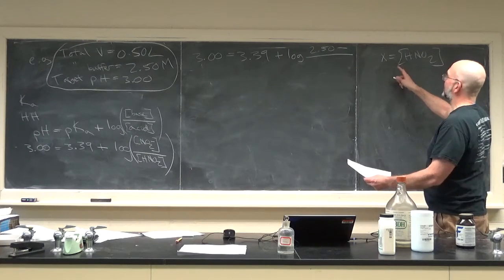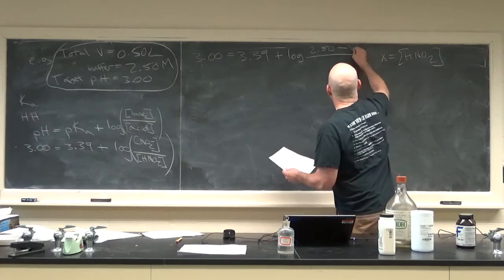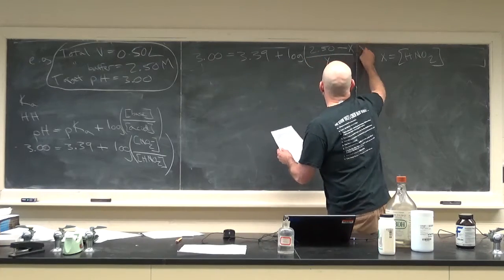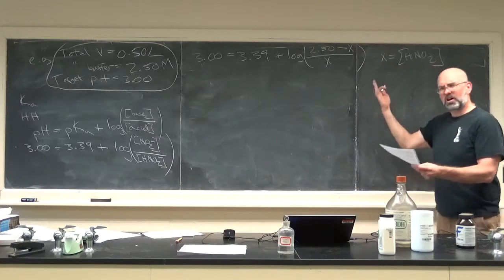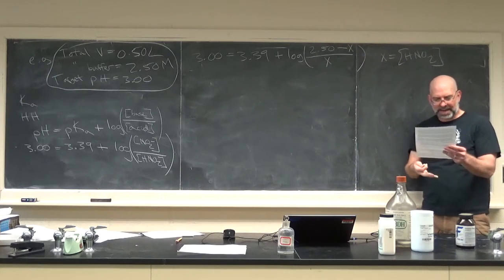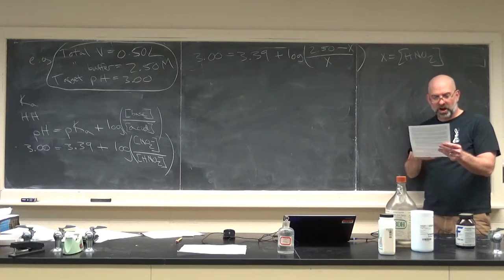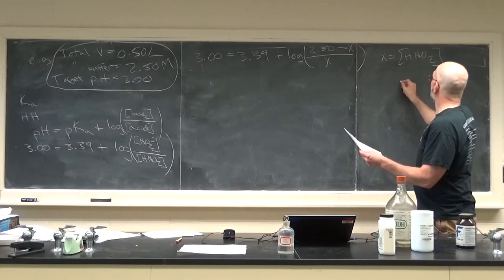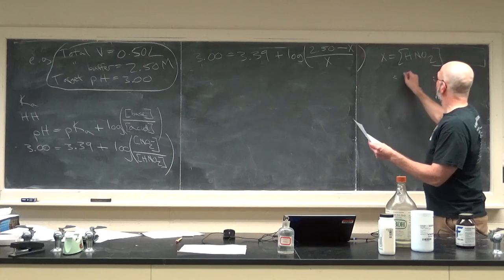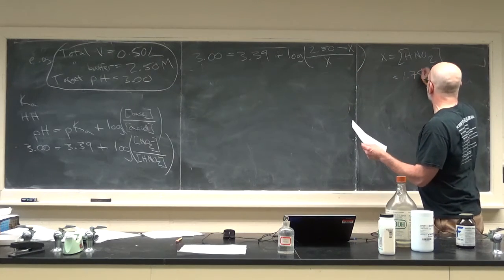So you want to make this 2.50 minus X over X. Let's turn it into an algebra problem right now. Can you solve for X? Can you do that? And then you get an answer, it says on here, you solve for X, you do all of that math, and you end up getting 1.78 molar.